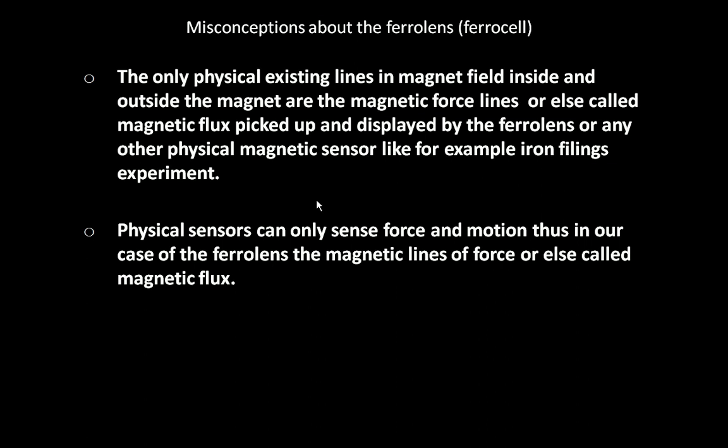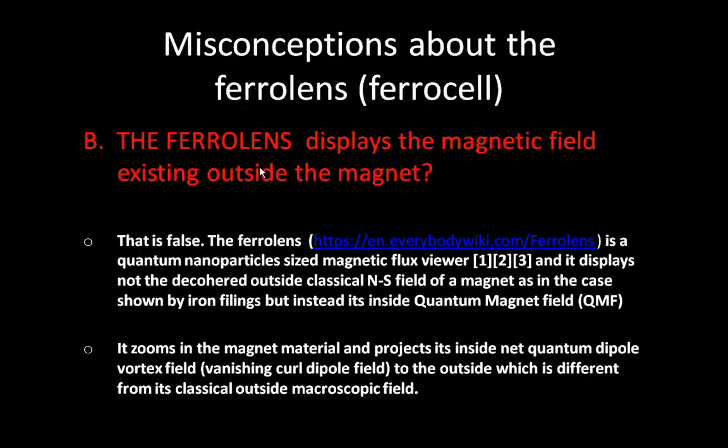And this has been proven many times, and you will see later in this presentation a simple example experiment you can do yourself to see that this is true, and the ferrolens displays the only thing which constitutes a magnetic field, the magnetic lines of force or magnetic flux.